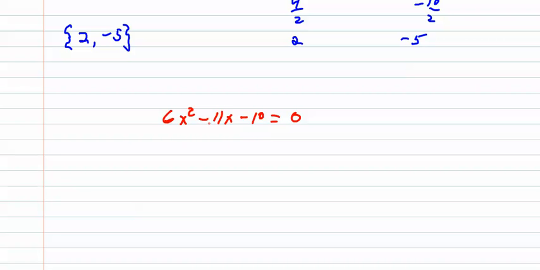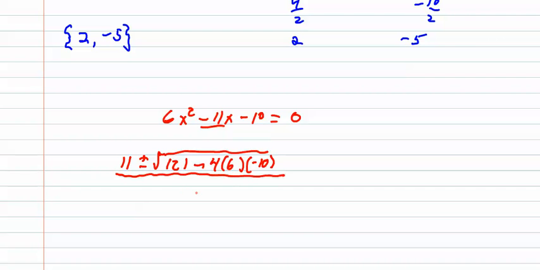And this is A, B, and C. So the opposite of b, the opposite of negative 11, is 11, plus or minus the square root of b squared, negative 11 times negative 11 is 121, minus 4 times 6 times negative 10, all over 2a, or 2 times 6.